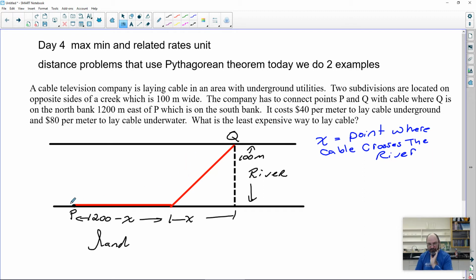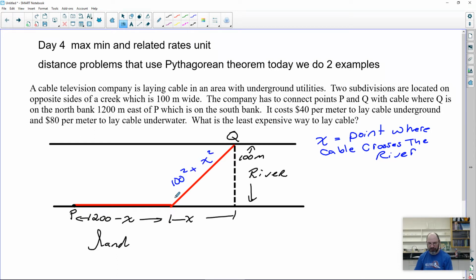Now we have to get this cost here and we have to get this cost here. So we have to figure out what the hypotenuse is. So this is 100 meters and this is X. So we know X squared plus 100 squared is equal to R squared, or the hypotenuse squared. So we could say that this would actually be 100 squared plus X squared.